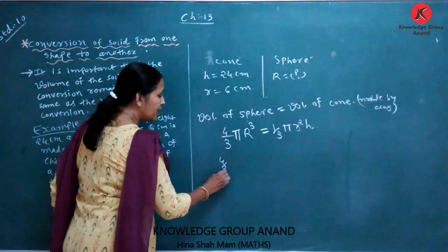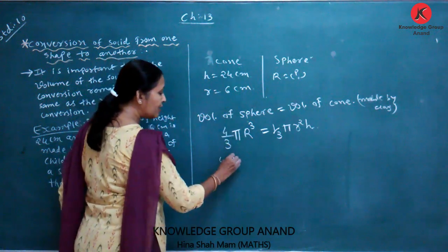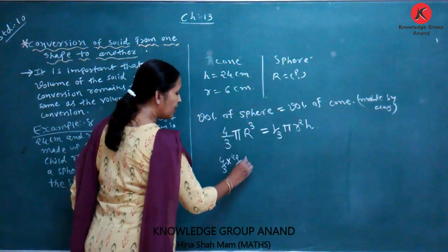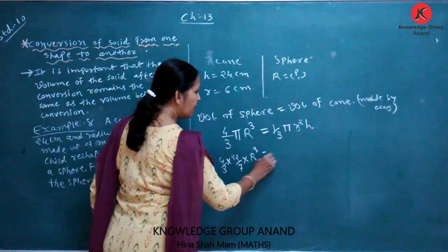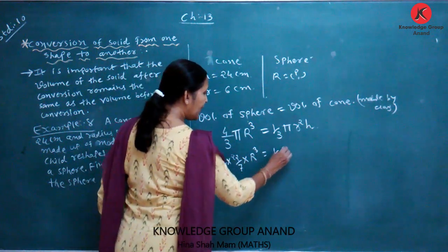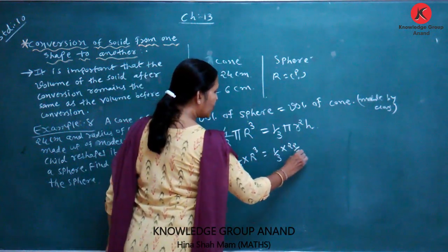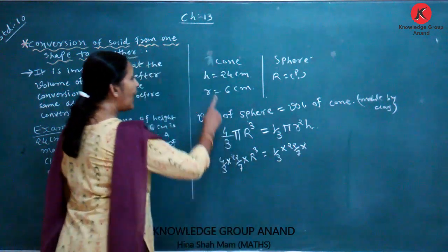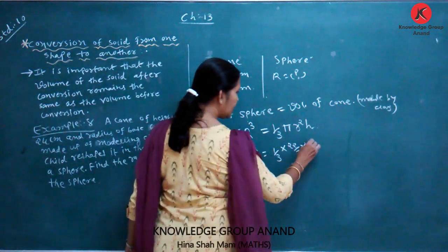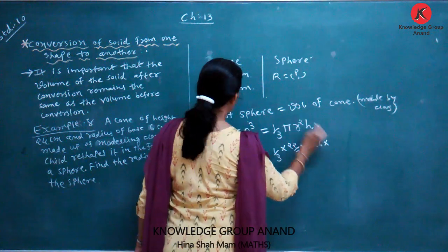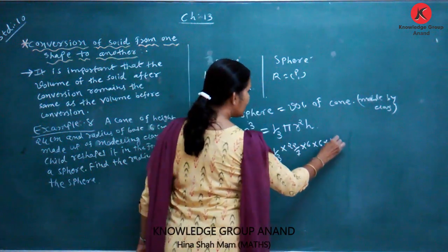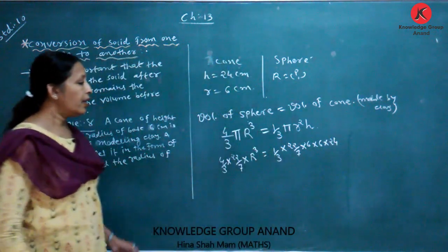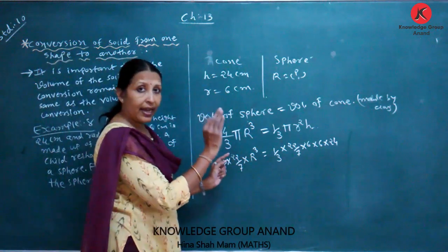4 by 3 into pi, which is 22 by 7, into r cube equals 1 by 3 into 22 by 7 into 6 into 6 into h, where h is equal to 24. We find r.